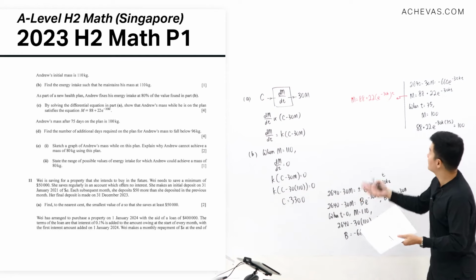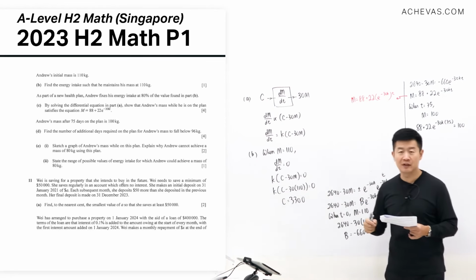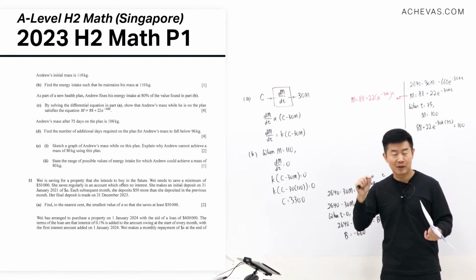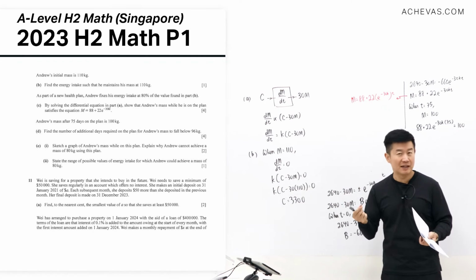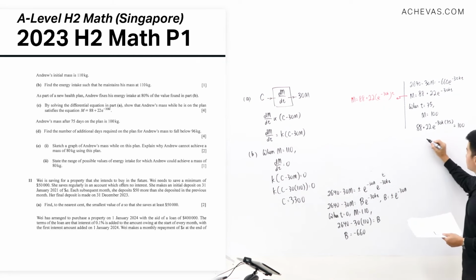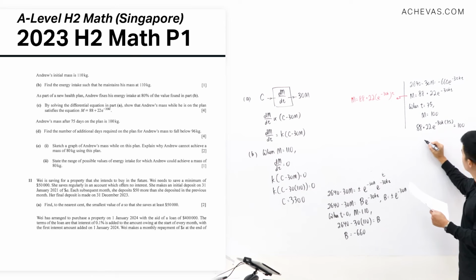But we can re-express e to the power of negative 30k, so that maybe it is a little bit shorter. My whole process is a bit leaner. Then this is what I mean. If I were to just try to rewrite this, I will be able to rewrite this as e to the power of negative 30k, then multiply by 75 here.